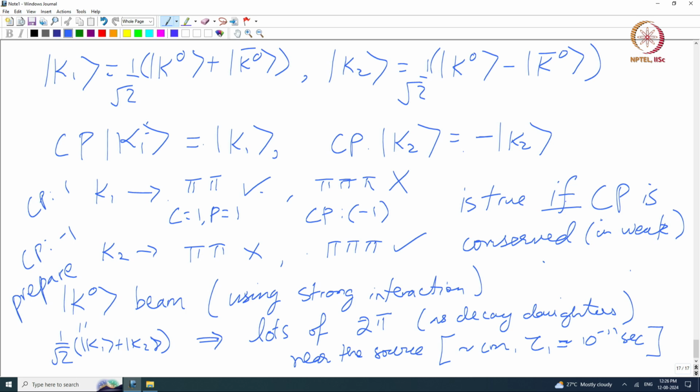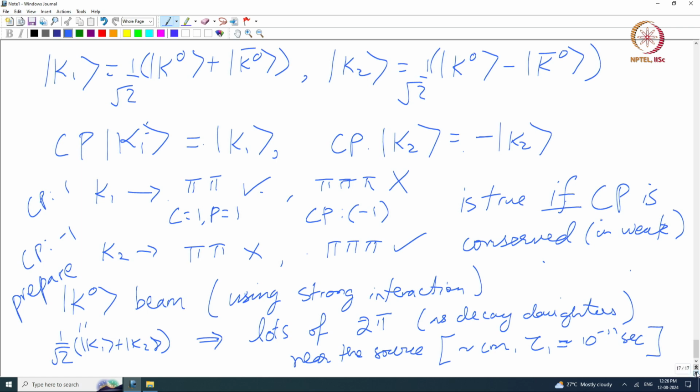And when you have 3 pions, that is obviously heavier than 2 pions. In other words, the number of energy states available for the K1 to go to 2 pions is much larger than the number of energy states available for the K2 to go to 3 pions.